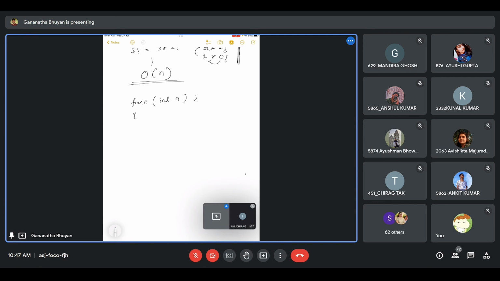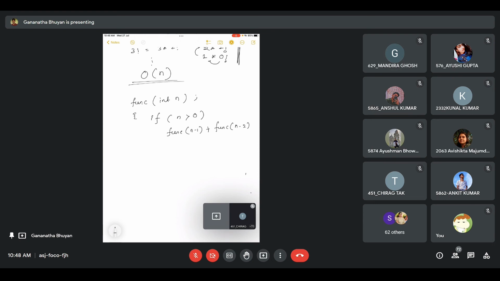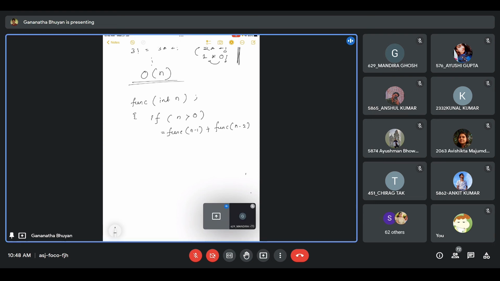Inside that, if n greater than 0, what I'll do is call function of n minus 1 plus function of n minus 2. Fibonacci series.